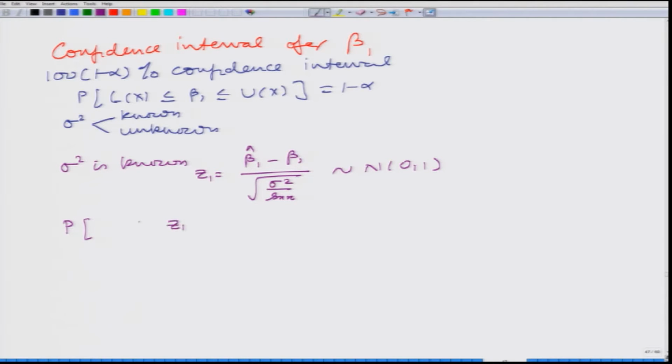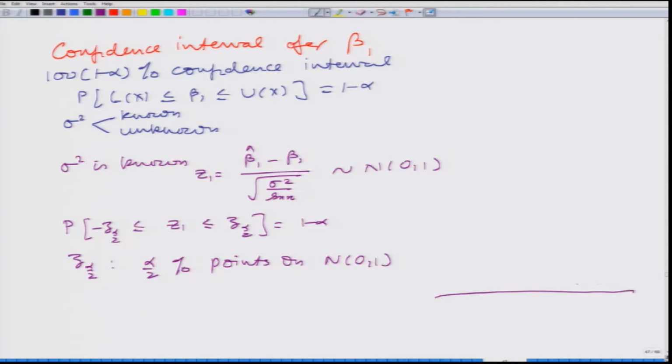I would say Z1 lies between minus z alpha by 2 and plus z alpha by 2, and the probability of such an event is 1 minus alpha, where z alpha by 2 is the alpha by 2 percent point on normal 0 1. For example, if I draw the normal 0 1 curve, there are alpha by 2 points on the left tail and alpha by 2 points on the right tail, and the middle region is 1 minus alpha.